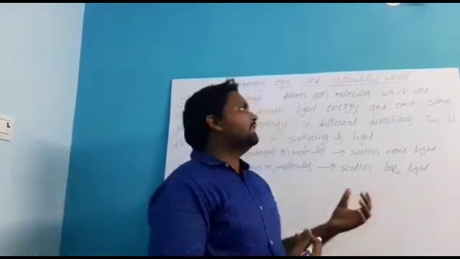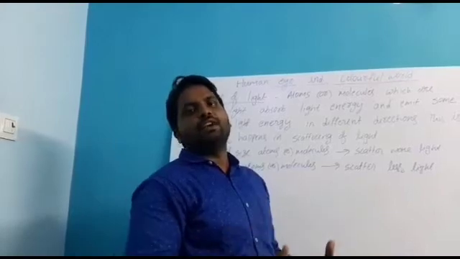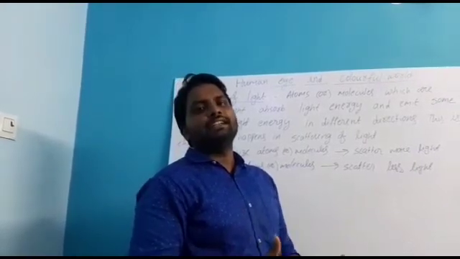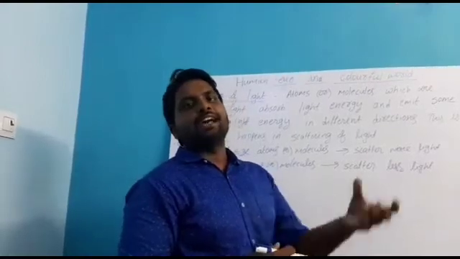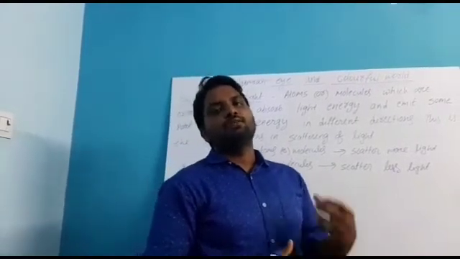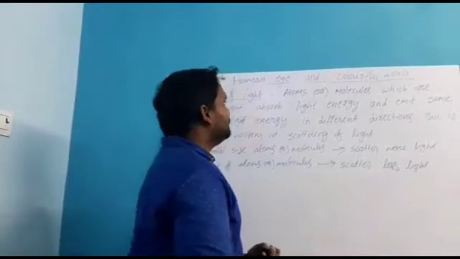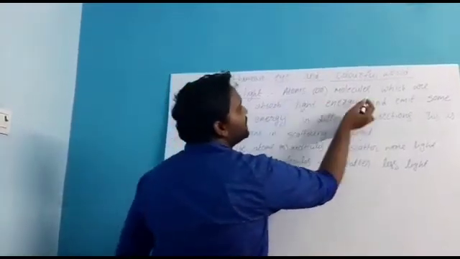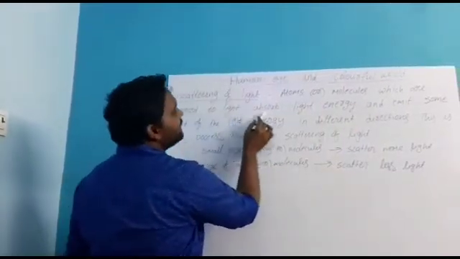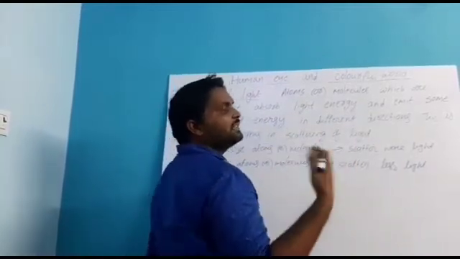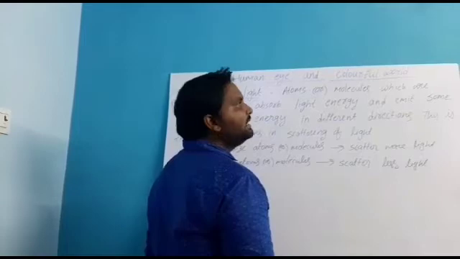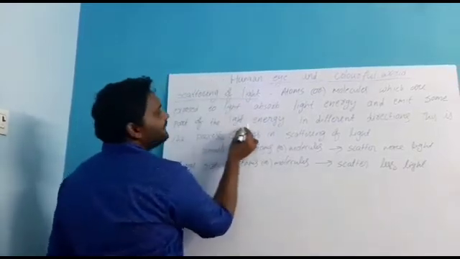When light falls on any matter, the matter contains atoms, and those atoms will absorb some portion of the light. As I told you, atoms or molecules exposed to light absorb that light energy, and depending on the matter, they emit some part of the light energy again.